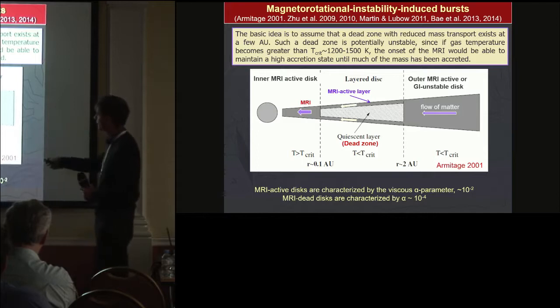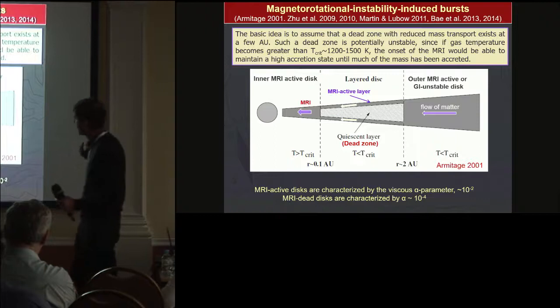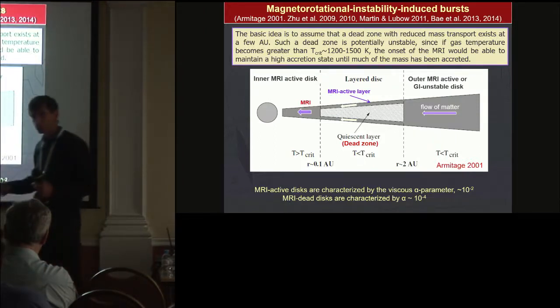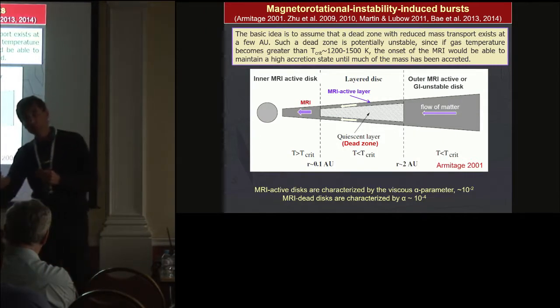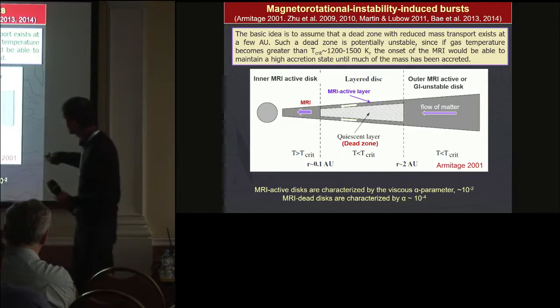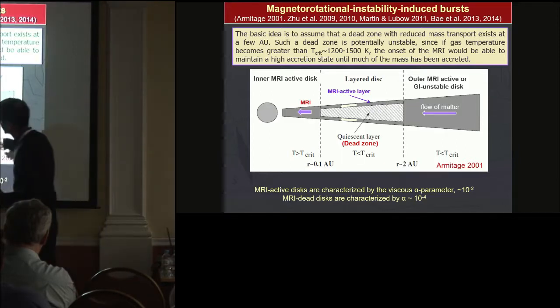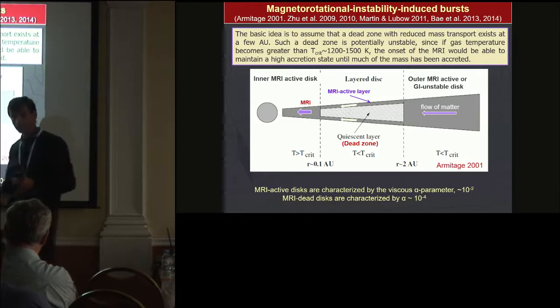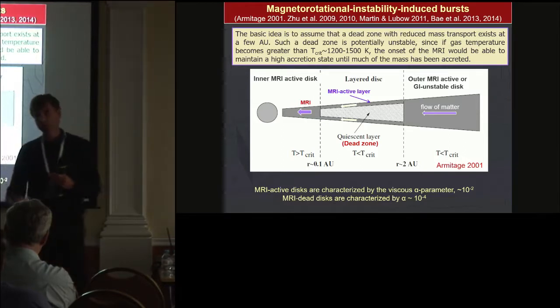So what is happening? Whatever is active there, MRI or GI, is pushing matter towards the star due to torques, either viscous or gravitational. But as it comes closer, it hits this dead zone, and the matter starts accumulating there.